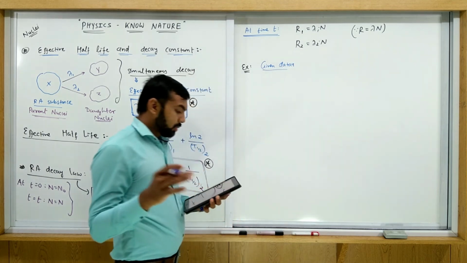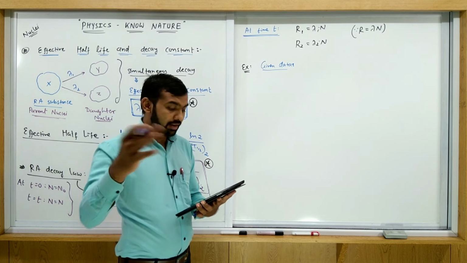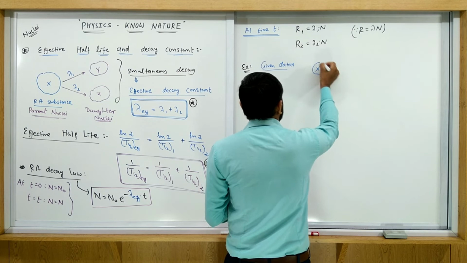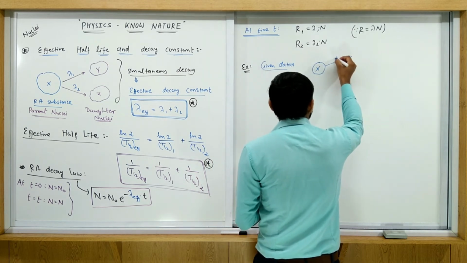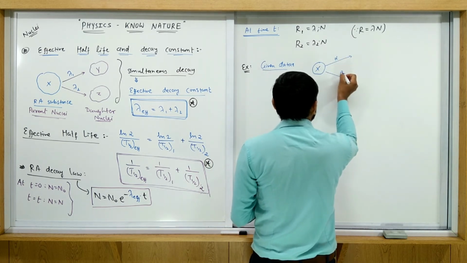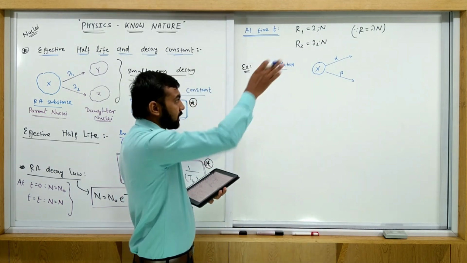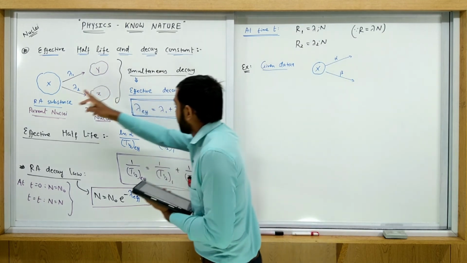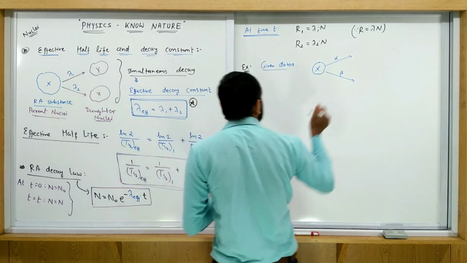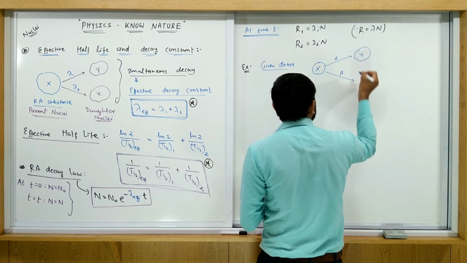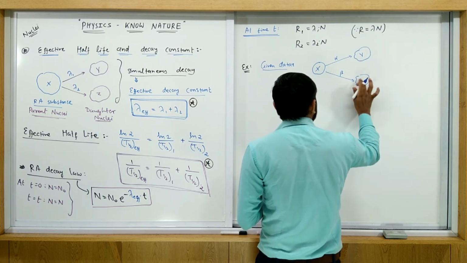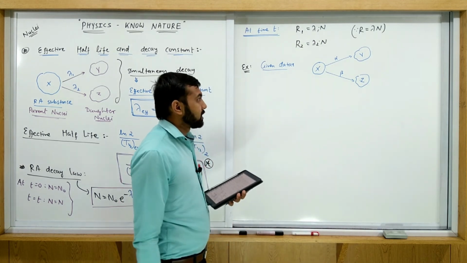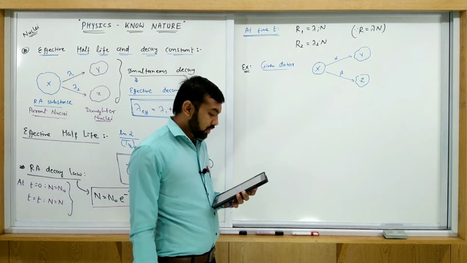Suppose we have a radioactive substance X that decays with alpha and decays with beta. Consider it exactly similar to this: X is converted into Y, and X is converted into Z. X decays into Y with alpha emission and X decays into Z with beta emission.